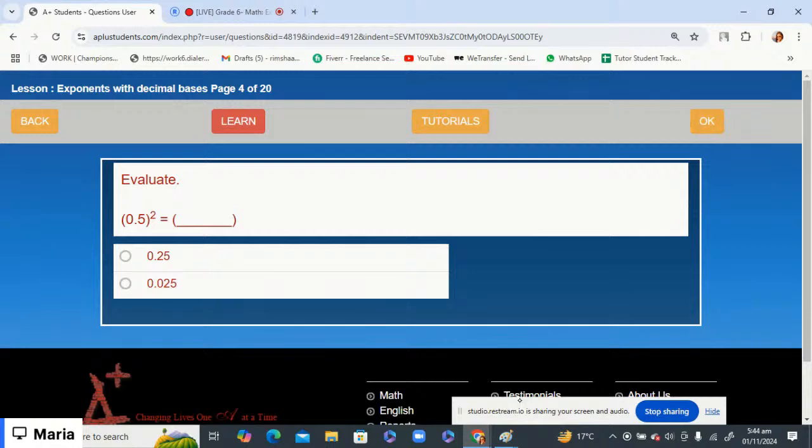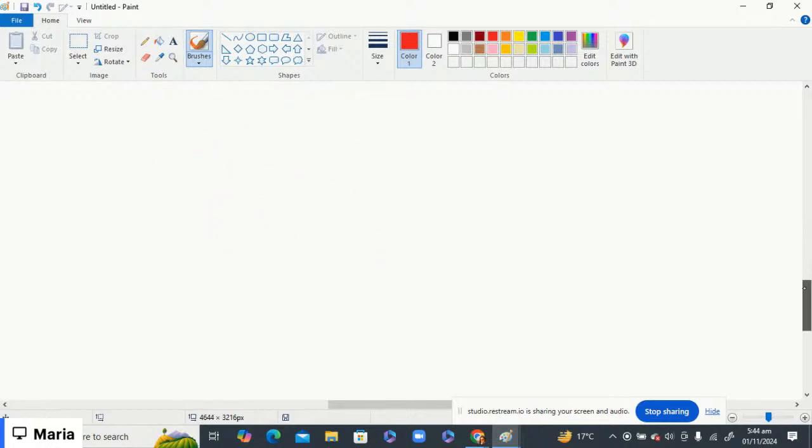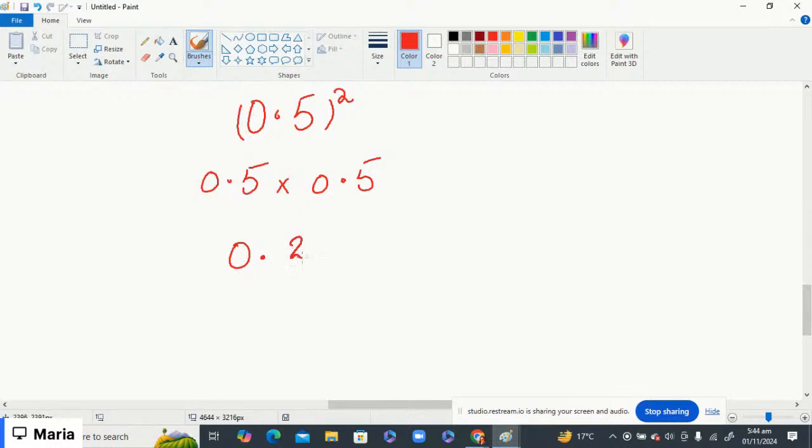Yes. How can we solve this one? Look at here. This is 0.5 power 2. Just simply multiplying 0.5 with 0.5. So 0 times 0 is 0. Point as it is. 5 times 5 is 25. Okay, no zeros are involved, so it's not 0.0. Why are you putting the 0.0?